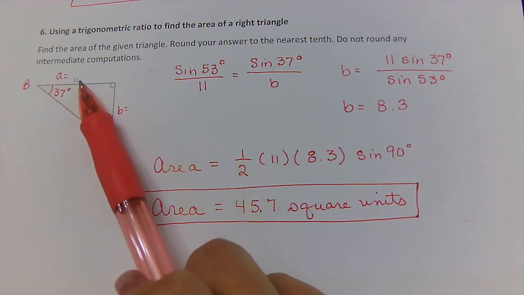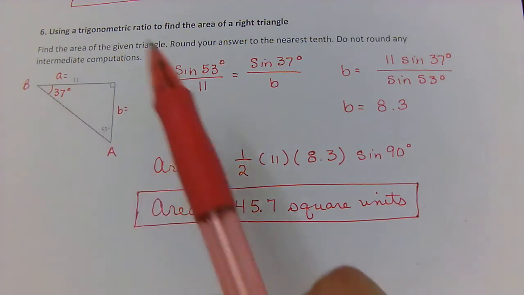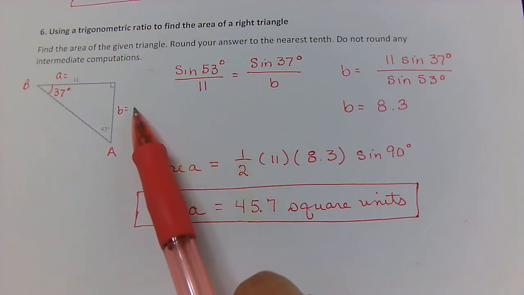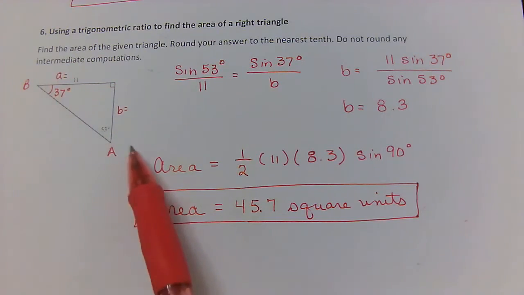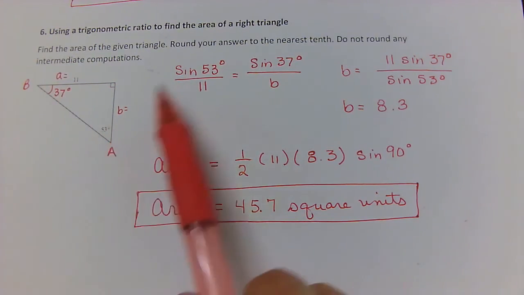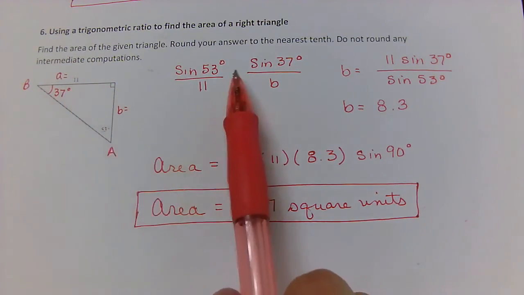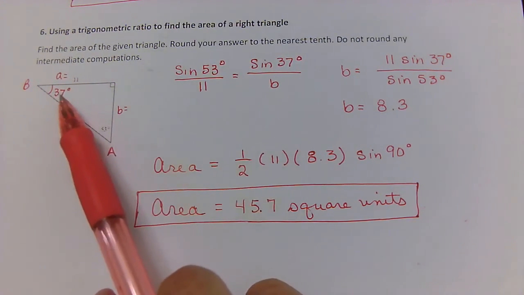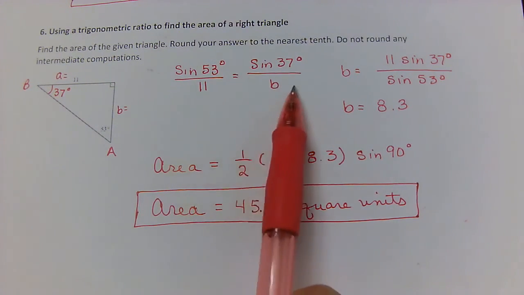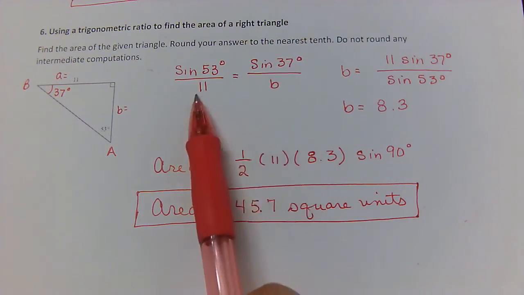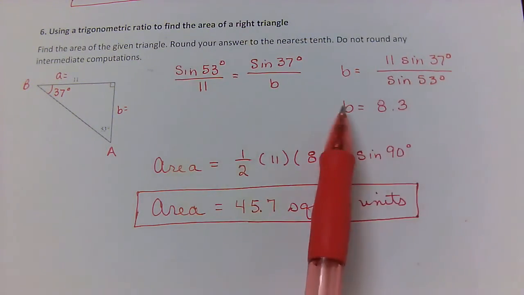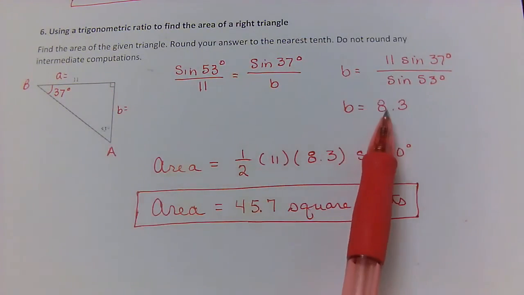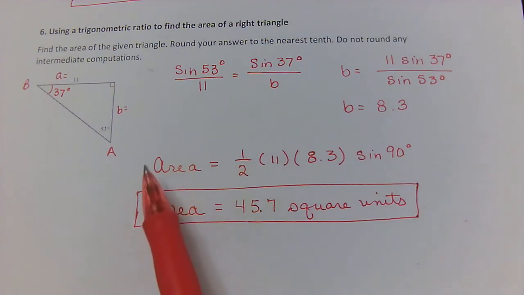This is going to be labeled side A, which is 11, and we need to find B. Okay, so first thing I did was use this ratio. I used sine of 53 divided by 11 is equal to sine of 37 degrees divided by B. Bat and ball, 11 sine 37 divided by sine of 53 gets me the side B to be 8.3.